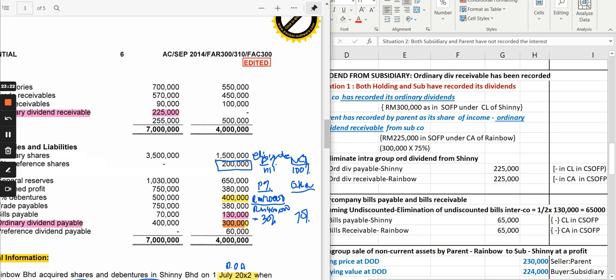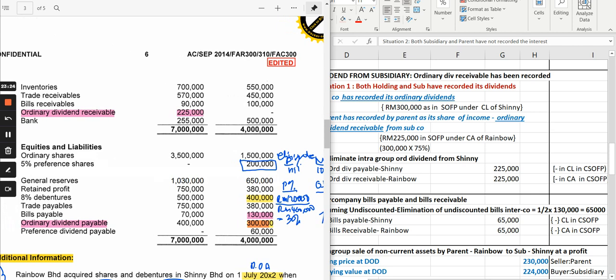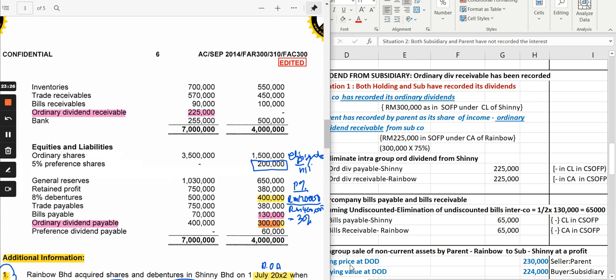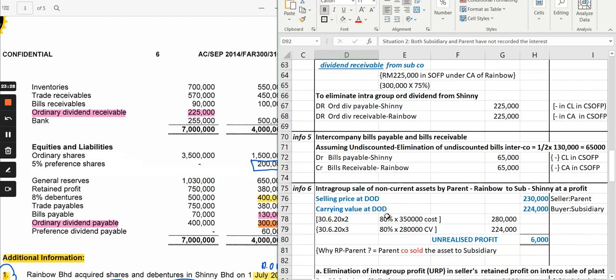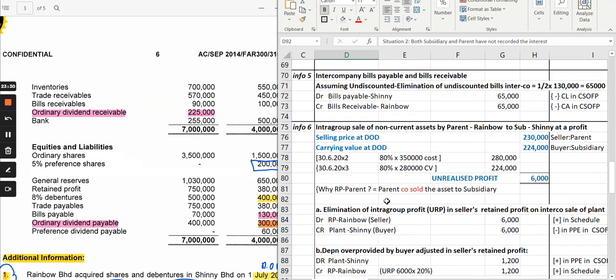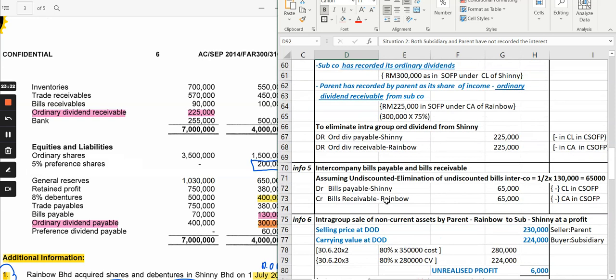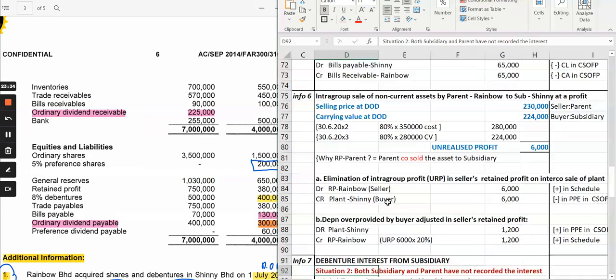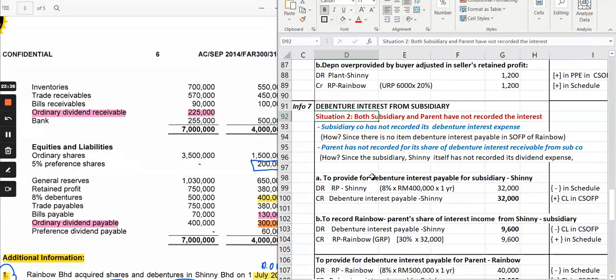So that will give the share of the parent in the interest declared by the subsidiary. Since the subsidiary has not recorded the interest yet, what you need to do is record that for the subsidiary. So the consolidation adjustment is to record that debenture interest first. The second one is to record the parent's share of the interest income from Shini, the subsidiary.